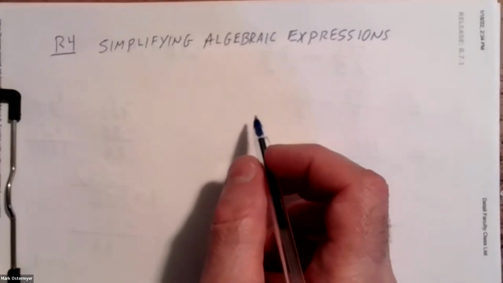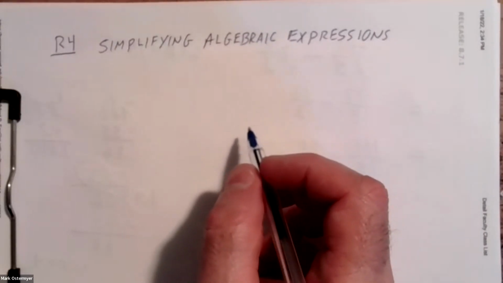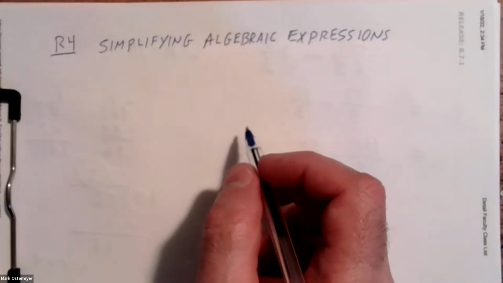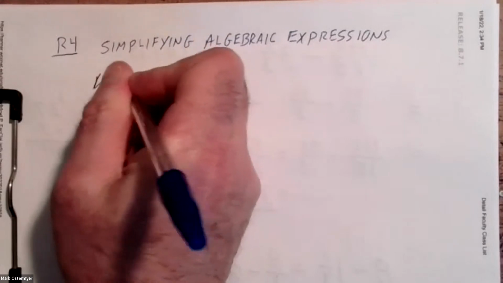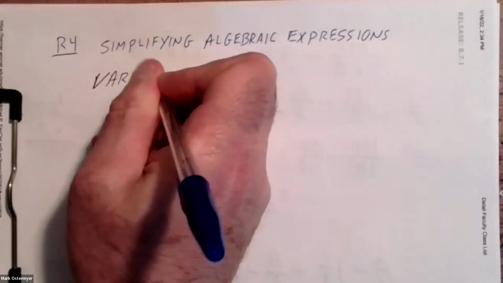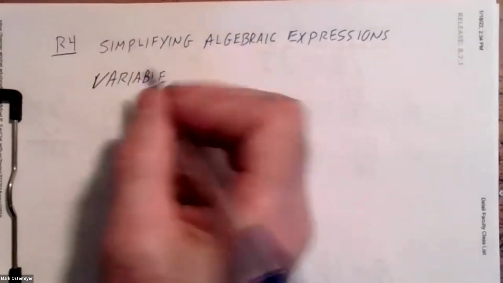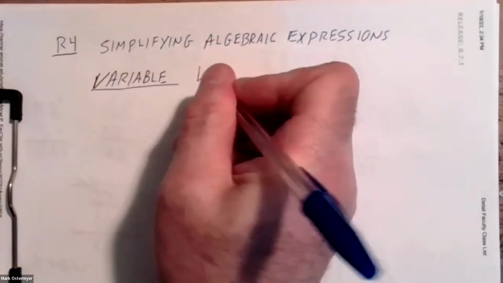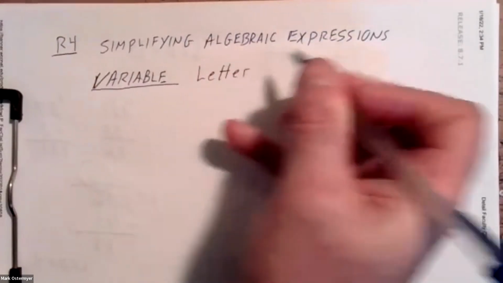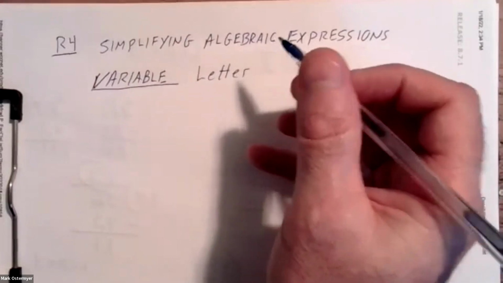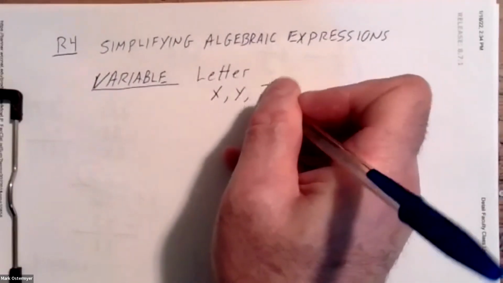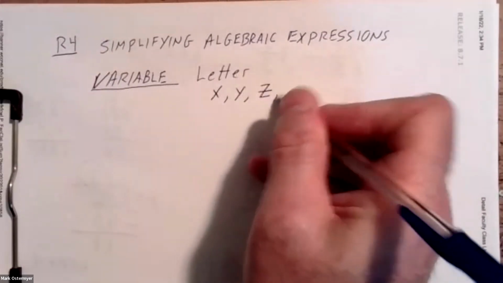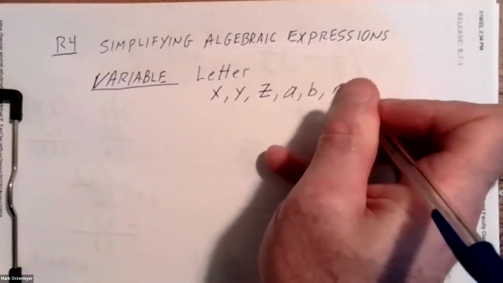First of all, what differentiates a course in basic algebra versus basic mathematics is something called a variable. And what is a variable? Basically, a variable is just a letter. And most common variables that are used in early algebra are like x's, y's, maybe z's, a, b, n.